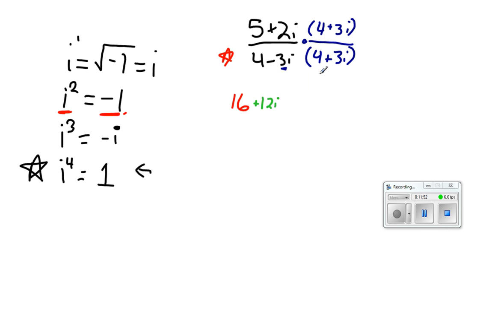We do the inner, we say negative 3i times 4 is negative 12i. Yeah, and it cancels out. That cancels out, which is the whole point of having to multiply by all this mess. Alright, and then last. So negative 3 times positive 3 is going to be negative 9i squared.